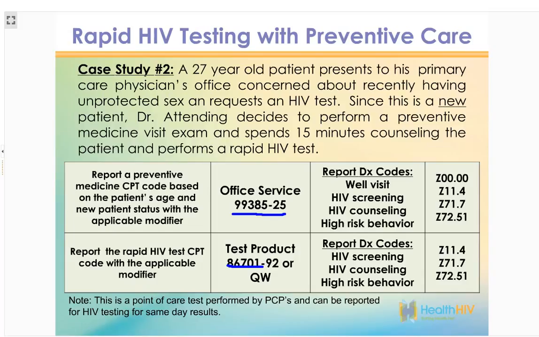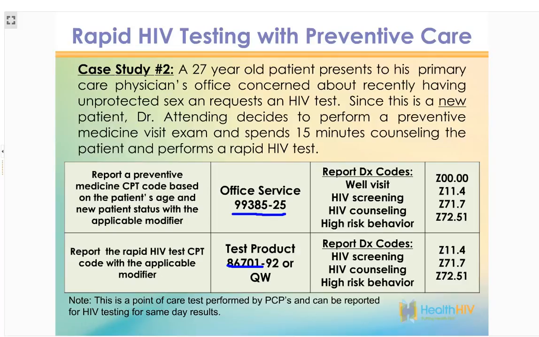There are going to be some payers that will tell you not to use the Modifier 25, so you have to follow the advice from your insurance carriers. At the bottom of the slide, you'll notice the modifiers 92 or QW. Depending on what your payer says will determine which modifier you'll use for the test.